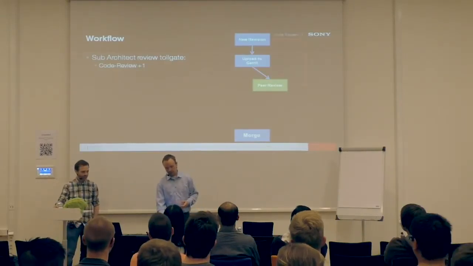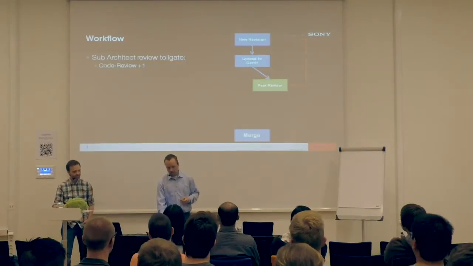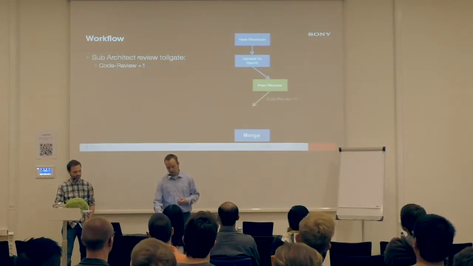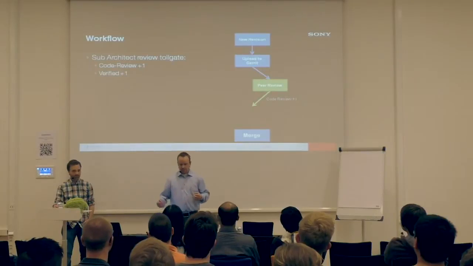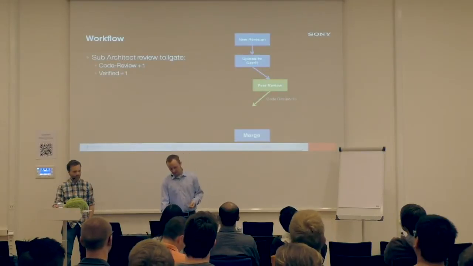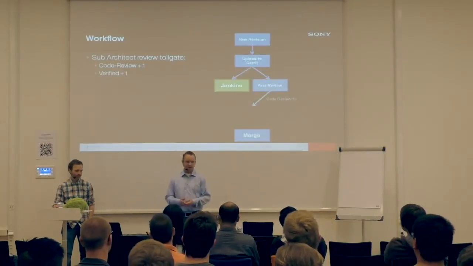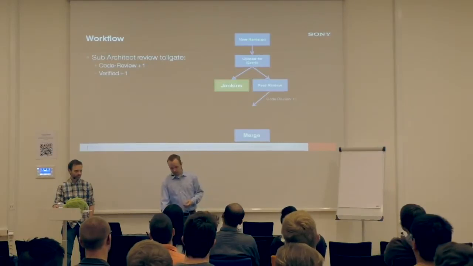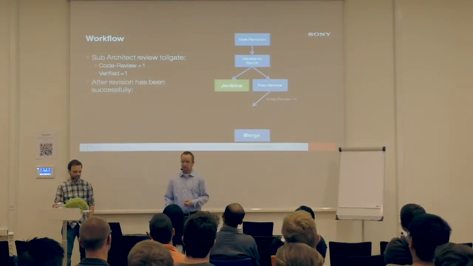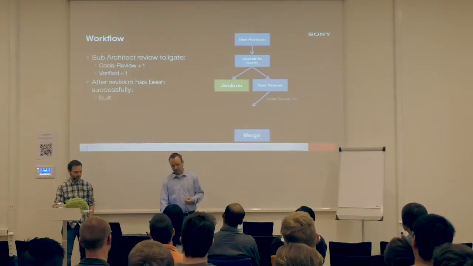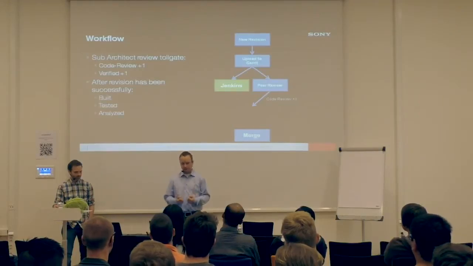And if he doesn't, then you're back to the drawing board. But this is a happy flow, so we get a +1 here. And the verified +1, as we stated earlier, is Jenkins' job. Now, before Jenkins will give you a verified +1, it will download, build, test, and analyze all the code.